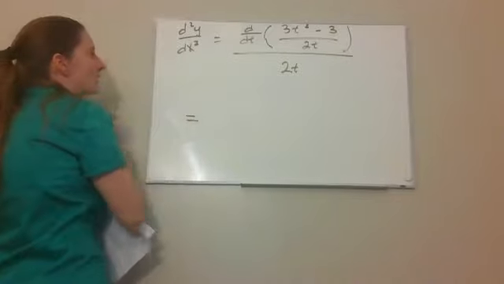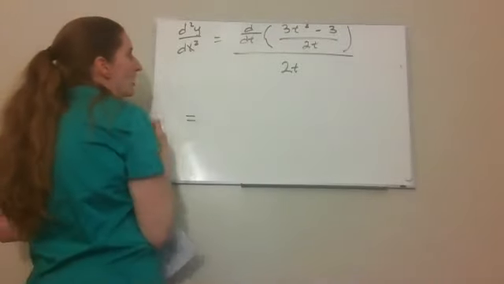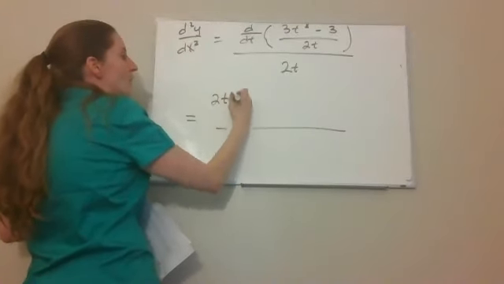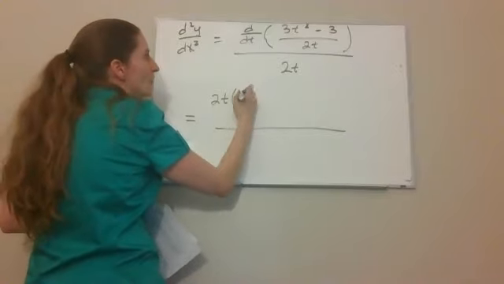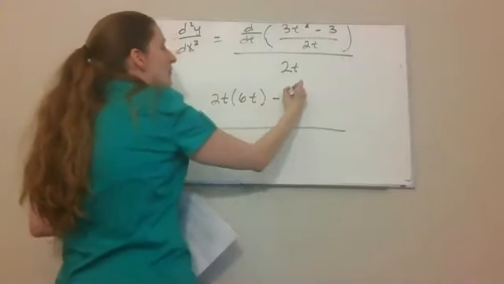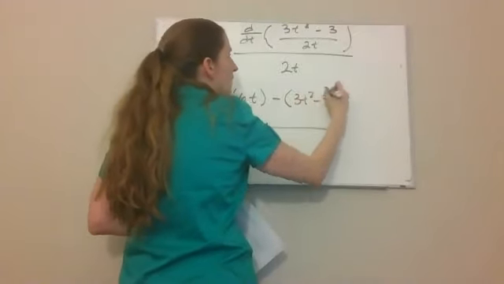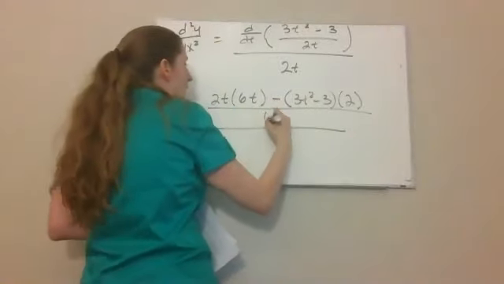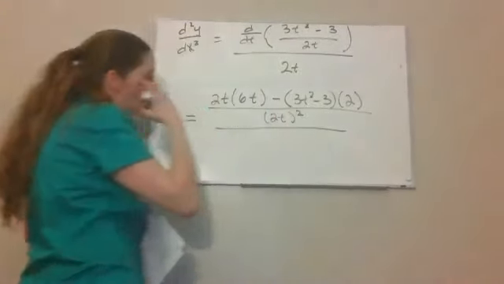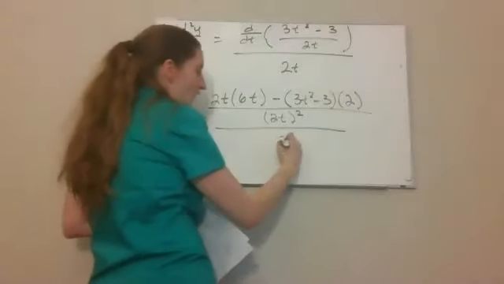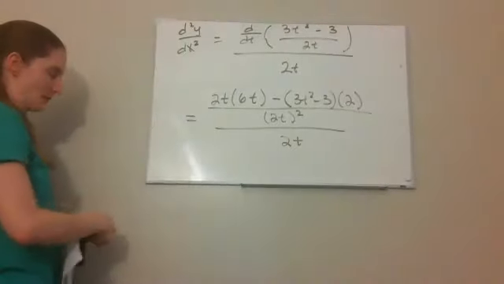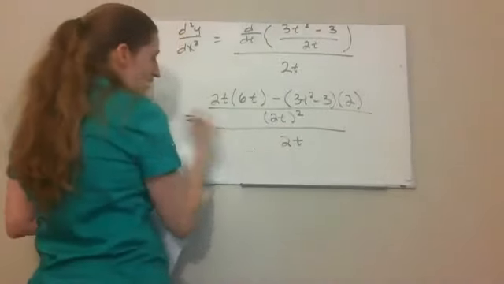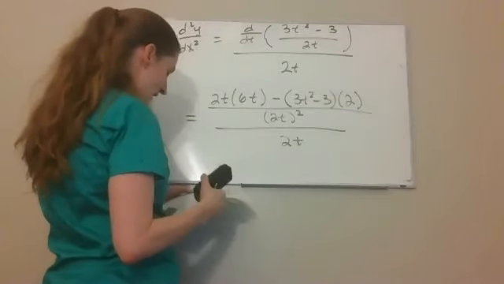So simplifying this, first take the derivative up in the numerator here. I need a quotient rule for that guy. So I'm going to have my low times d high, the derivative of the top, minus my high d low, derivative of the bottom, square the bottom, and away we go. There's my quotient rule. And I still have this other 2t in the denominator here. So we're going to simplify this, and in my denominator, I'm going to end up with an 8t to the third.